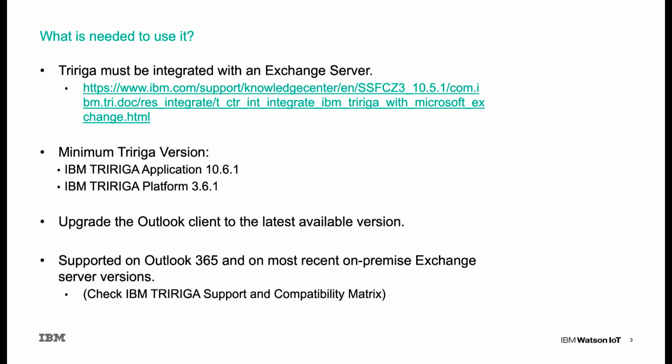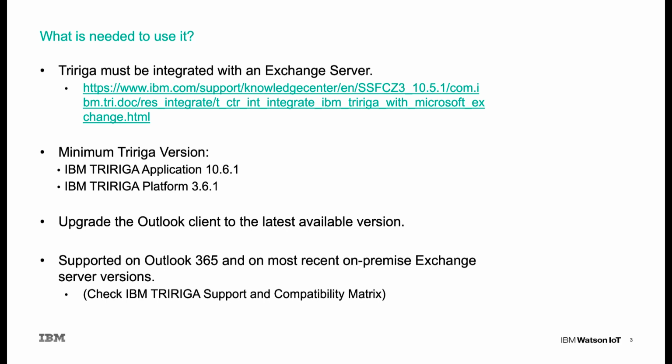Before using the new add-in, you need to make sure that your TRIRIGA server is integrated with an Exchange server. We have documentation on how to do that, but you need to make sure you have this integration in place.